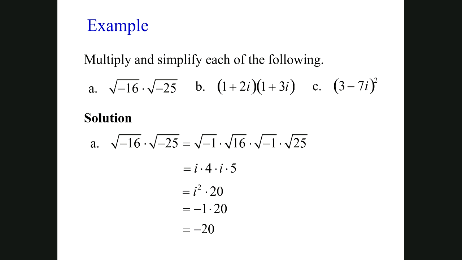Square root of negative 16, you will have to separate the square root of negative 1 out times the square root of 16. And same thing as this one right here. We have to put a square root of negative 1 and then times the square root of 25, right? And then this one will be i, this one will be i, this one will be another i in here. And then square root of 16 is 4, square root of 25 is 5, okay?